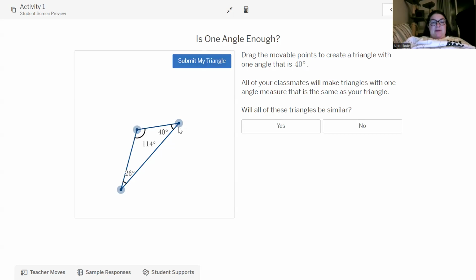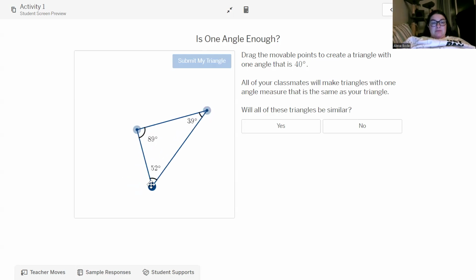Again, it's not going to pop up here until you make sure that one of them is 40 degrees. I've already made 3 different ones that have a 40-degree angle. So make yours however you want. I want to make a specific one.